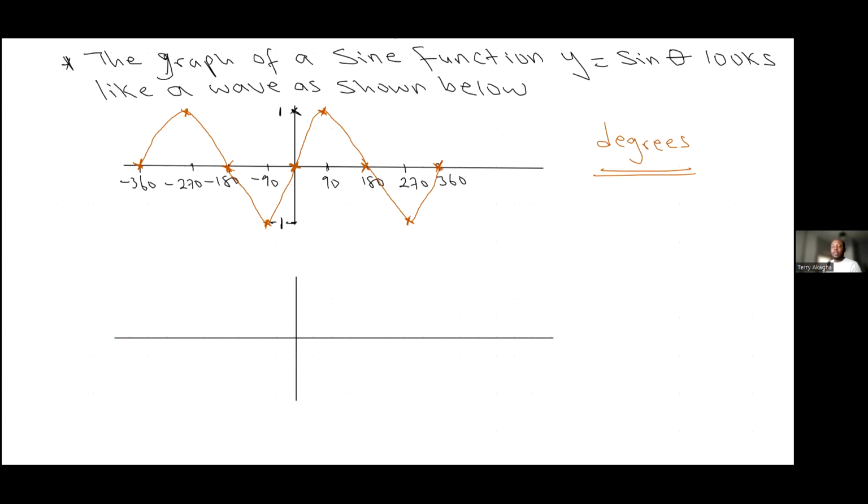So 90 degrees is pi over 2. The same thing, the maximum number you can get here is 1 and the minimum is -1. For a sine graph, the maximum is 1 and the minimum is -1. Now we have to start converting. So 90 degrees is going to be pi over 2.